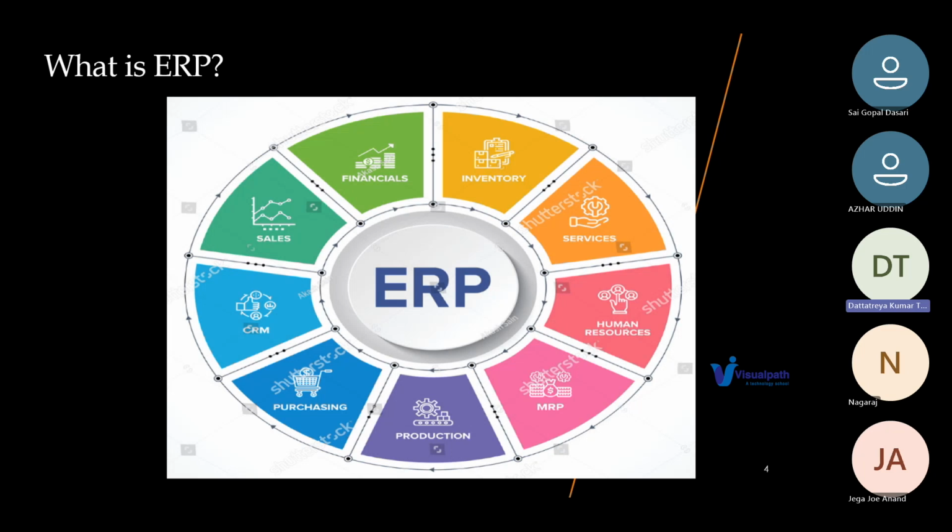So what ERP will do is consider all the requirements or needs that the different departments of an organization are having. It will consolidate all those requirements or needs, and those requirements will be brought to one particular platform, and a solution will be provided. That one particular platform is an ERP product.